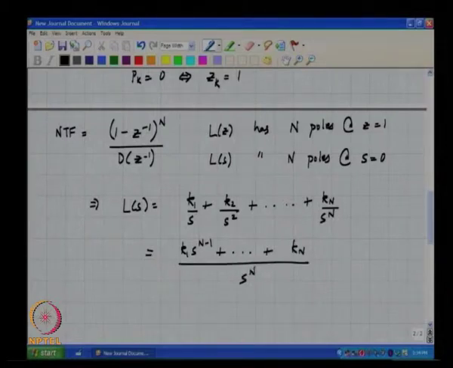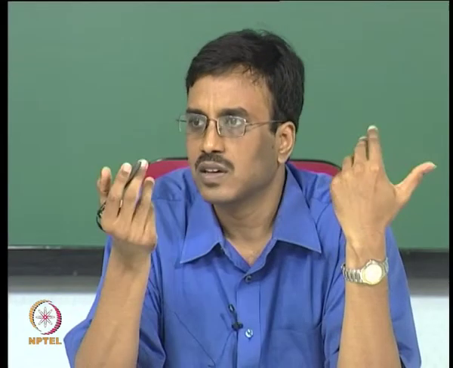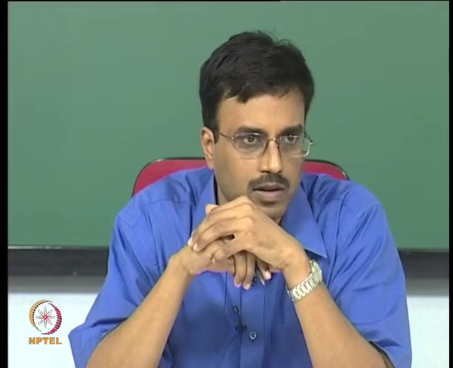Why have I not said k naught times s to the power n in the numerator? The only reason for not having k naught s to the power n is because you cannot have a delay free path. Is this clear?